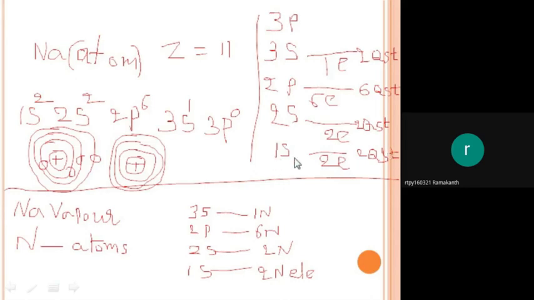Here the s orbital has 2 quantum states and 2 electrons completely fill them. 2s also has 2 quantum states, and 2 electrons completely fill them. The p orbital has 6 quantum states, and 6 electrons completely fill them. Here 3s contains 2 quantum states, and only one is filled. Okay, it is partially filled. This is for an isolated atom.